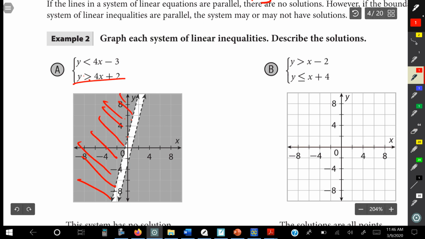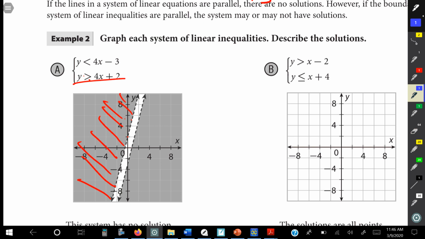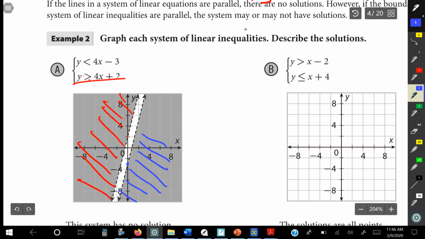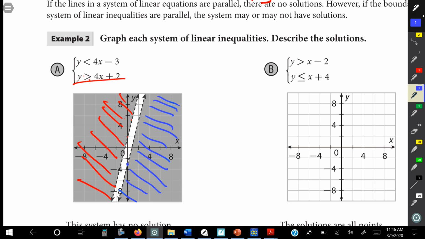On the other equation here, it starts at -3, which is right here, and went up 4 and over 1, up 4 and over 1. But it said to shade less than, so it shaded this way. Since it doesn't overlap, there's no solution for this one.